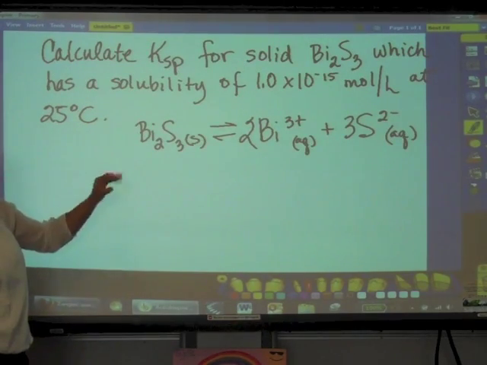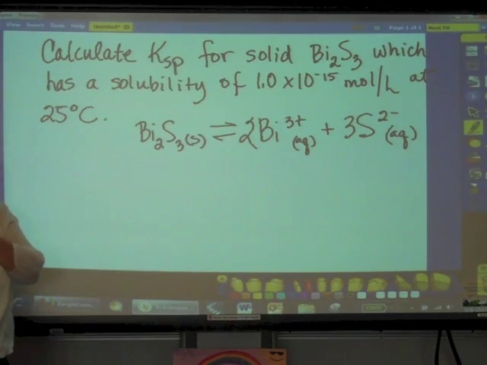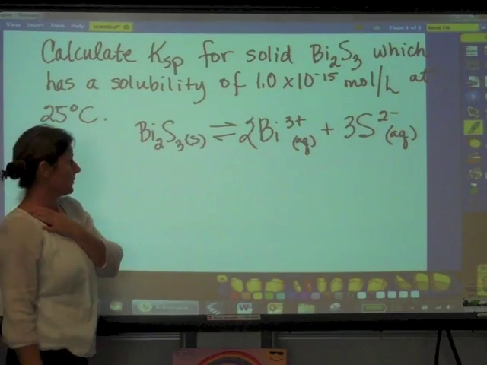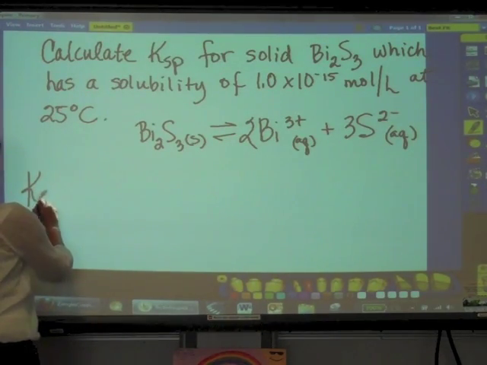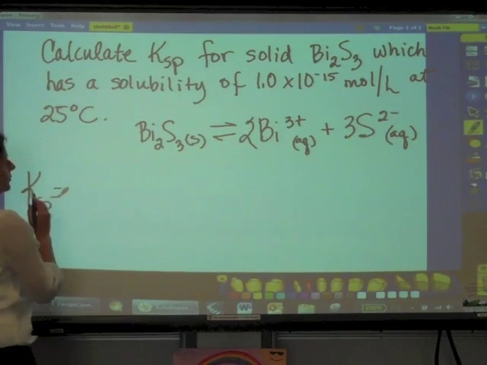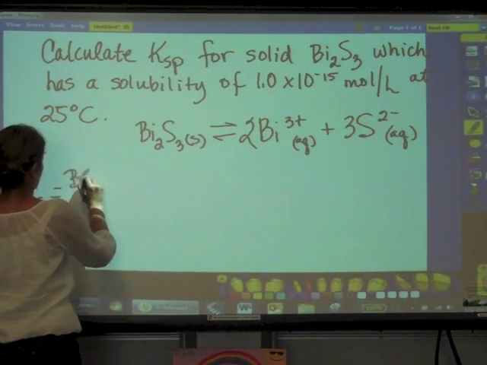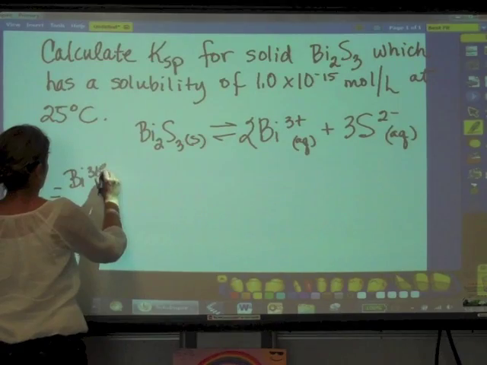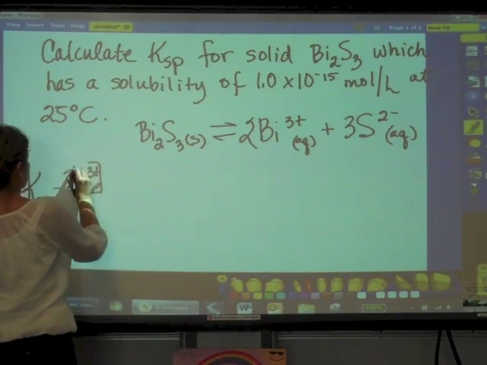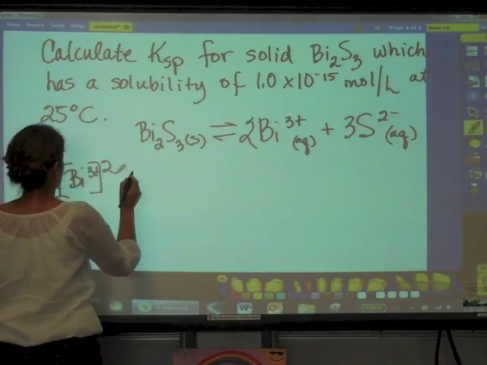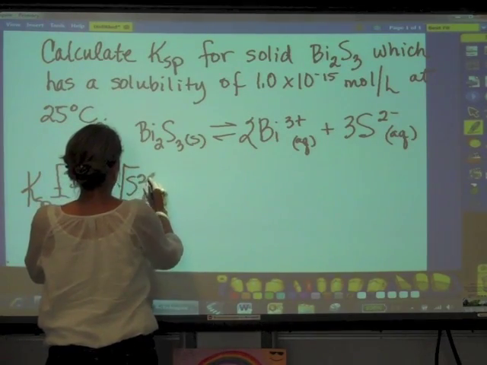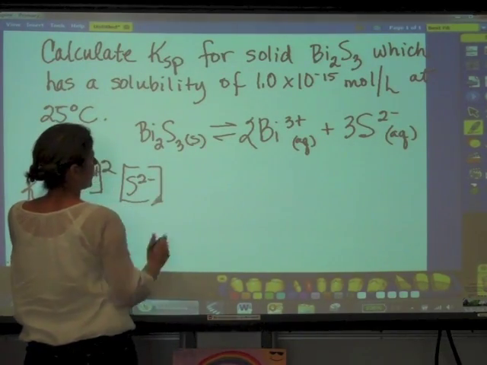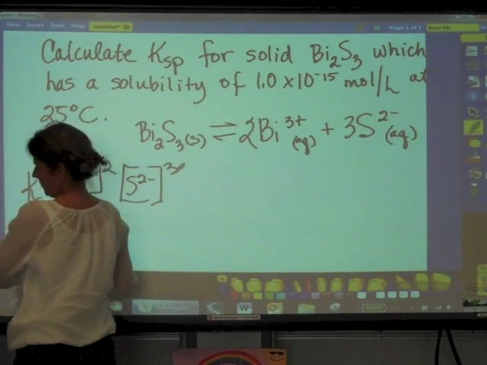Okay, now the next thing we need to do is we need to write an equilibrium expression for this. So it is going to be Ksp is equal to Bi3+, and that quantity is what? Squared, times S2-, and that quantity is cubed.